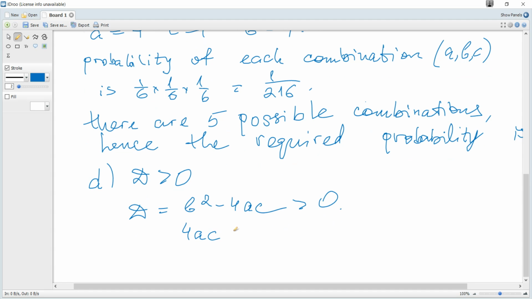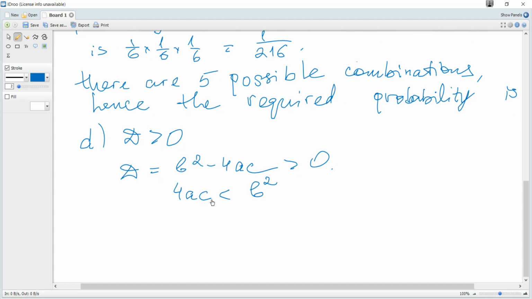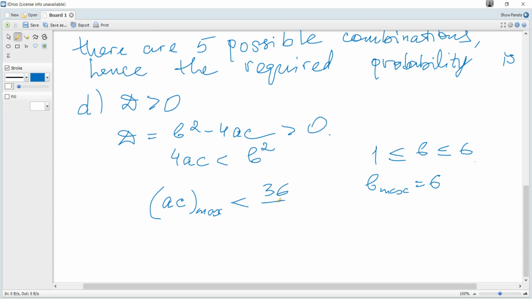So 4AC is less than B squared. But since B can be from 1 to 6, the greatest possible value of B is 6, so B squared is 36, so for AC the maximum possible value is less than 36 over 4.